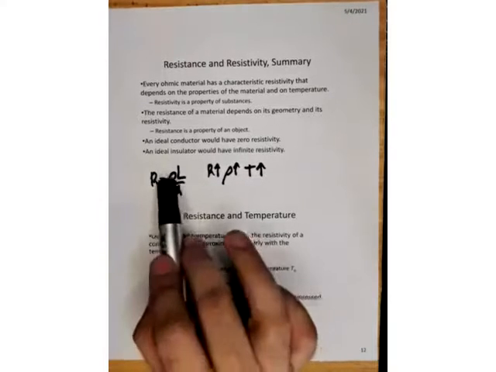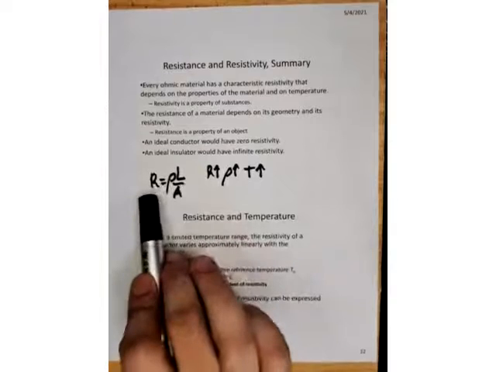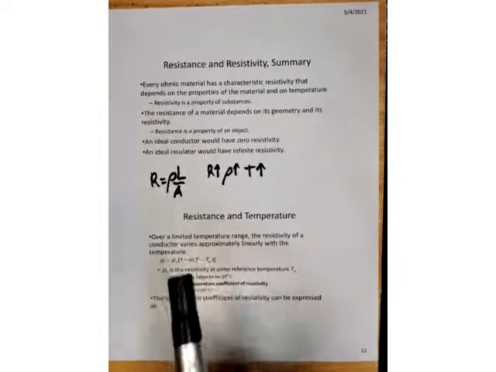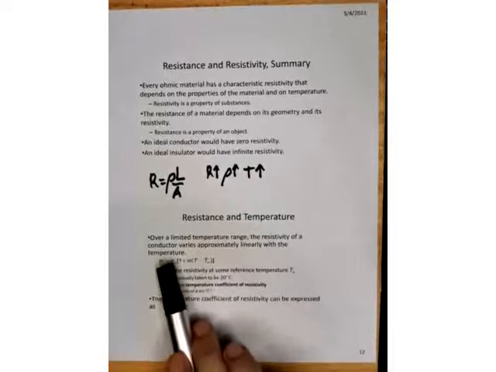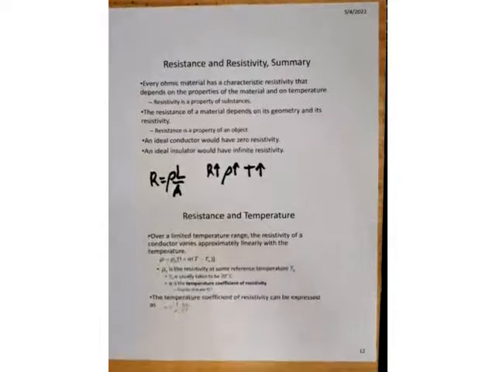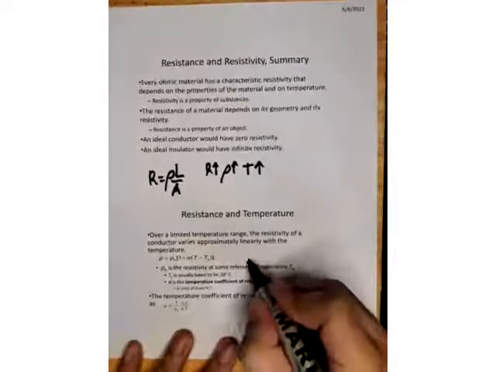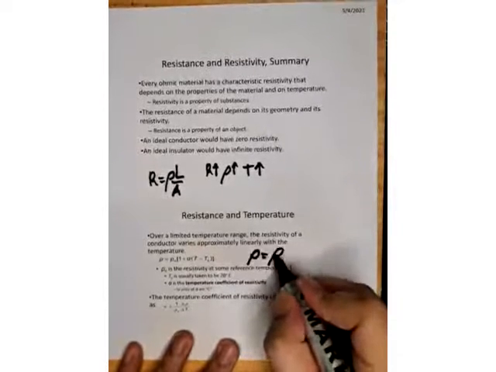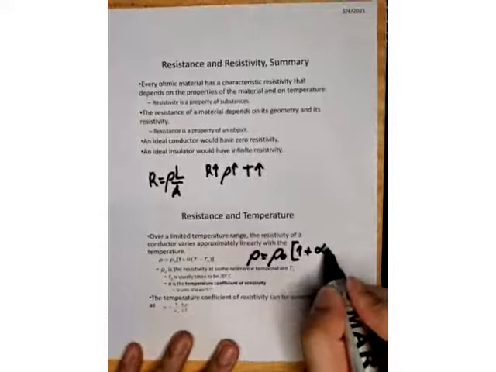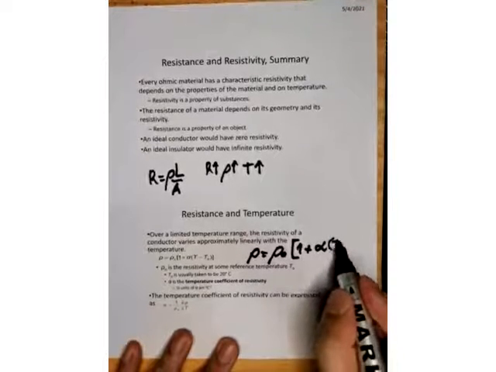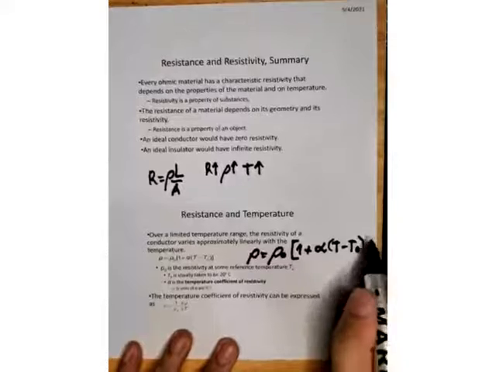Kasi kung tumaas yung resistivity based on the formula, tataas din naman yung resistance. Okay? Kaya kung gusto natin kunin ang resistivity at a particular temperature, ito yung formula natin. That resistivity is equal to the initial resistivity times 1 plus alpha times the change in temperature.